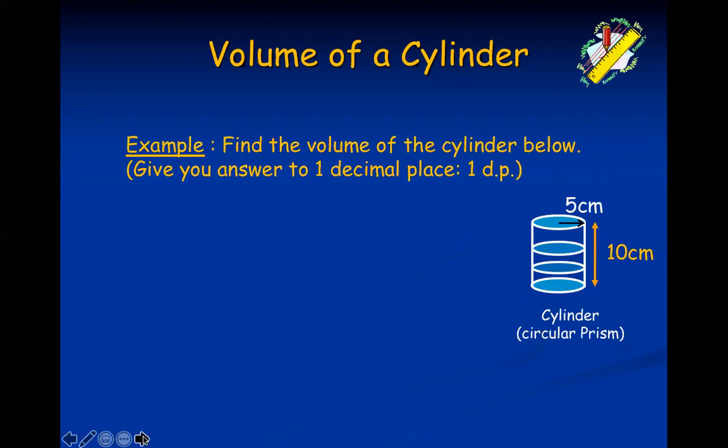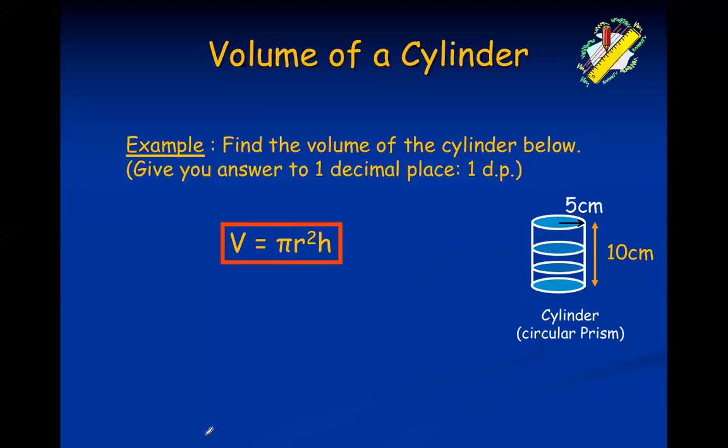Okay, so in this case I've got: find the volume of the cylinder. The question asks to give the answer to 1 decimal place. That means we're going to have to use a calculator for this type of question. So pi r squared h, so you take your calculator, 25 times pi times 10, and the answer is 250 pi, which is 785.39.